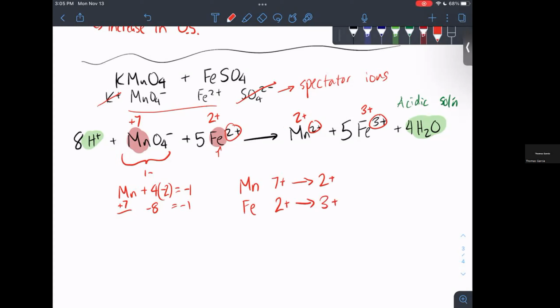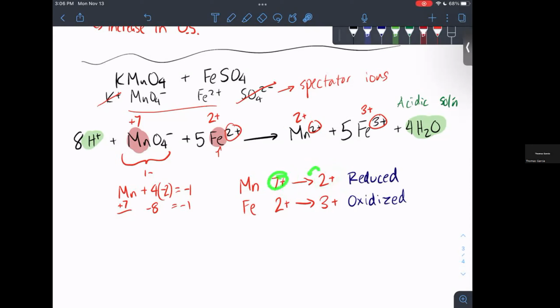So in this, I see that manganese's oxidation state gets lower. It goes from 7 to 2. That means manganese is reduced. Furthermore, iron is oxidized. So we know that manganese has gained electrons. Going from a 7+ to a 2+ means it picked up some more negative charges.